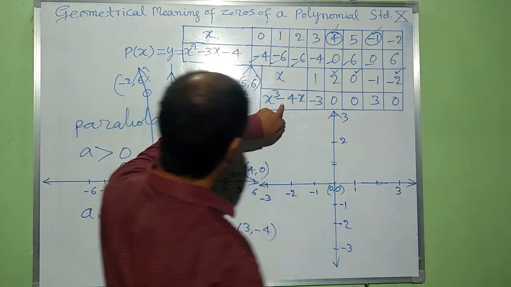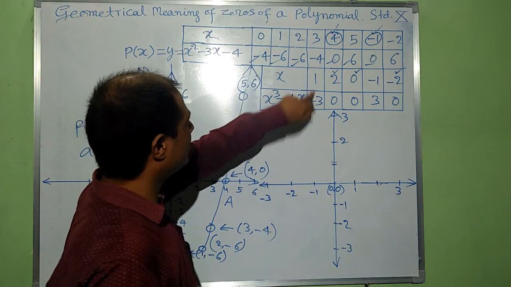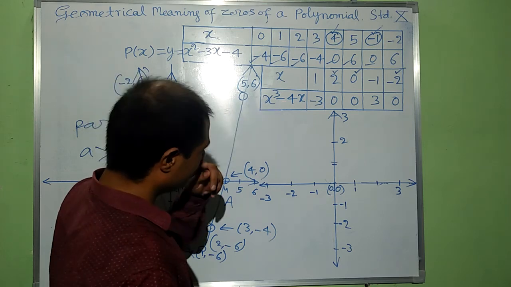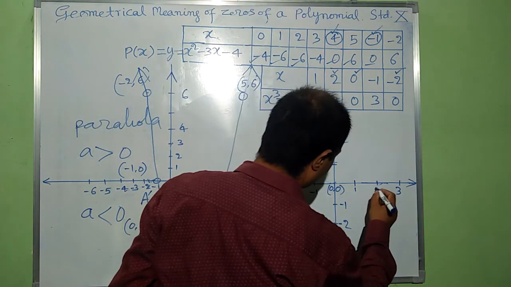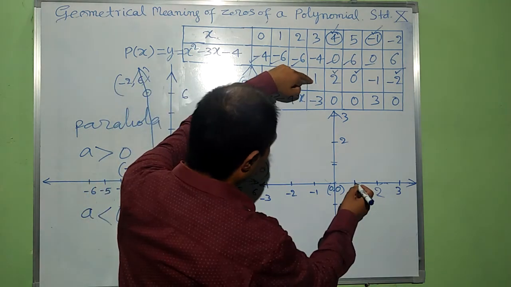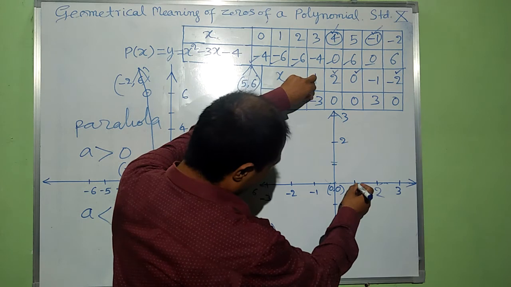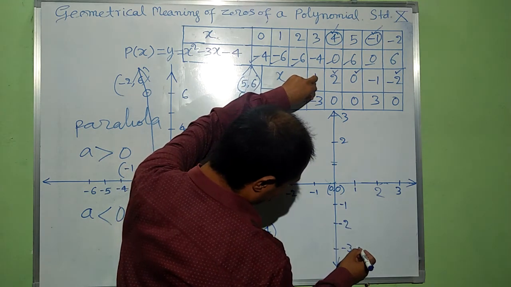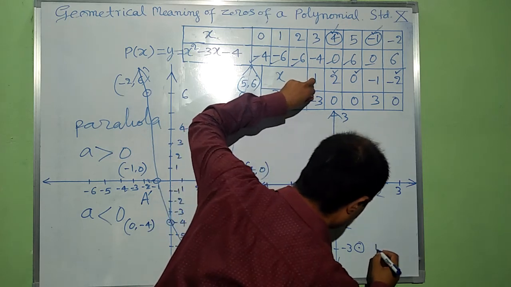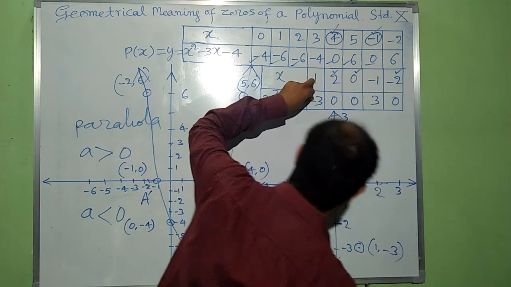Its value, when we put x as 1, is 1 minus 4, that is minus 3. Value of x is 1, then value of y is minus 3. Here, x is 1, y is minus 3.